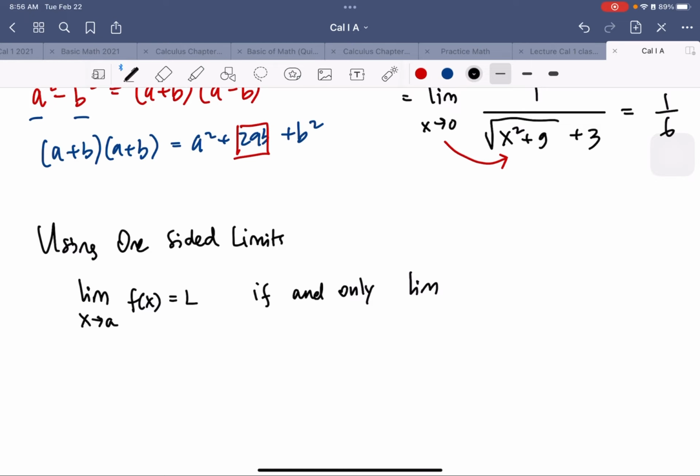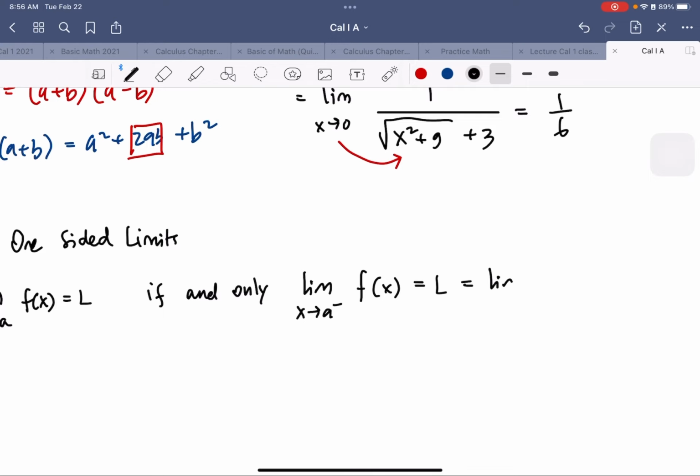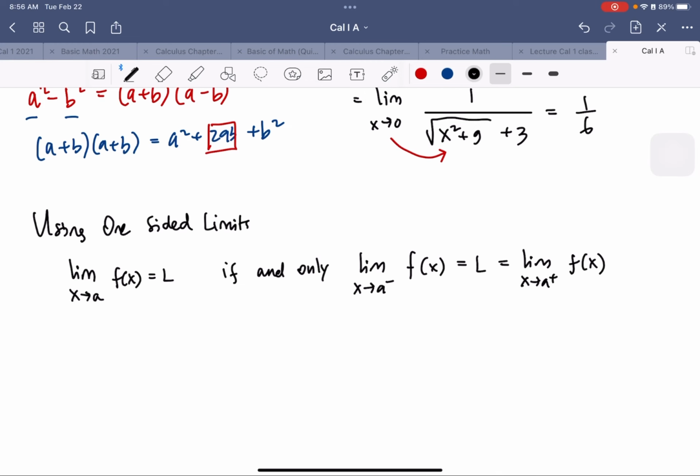Let me remind you of these two: the left-hand limit is L, and L also equals the right-hand limit.